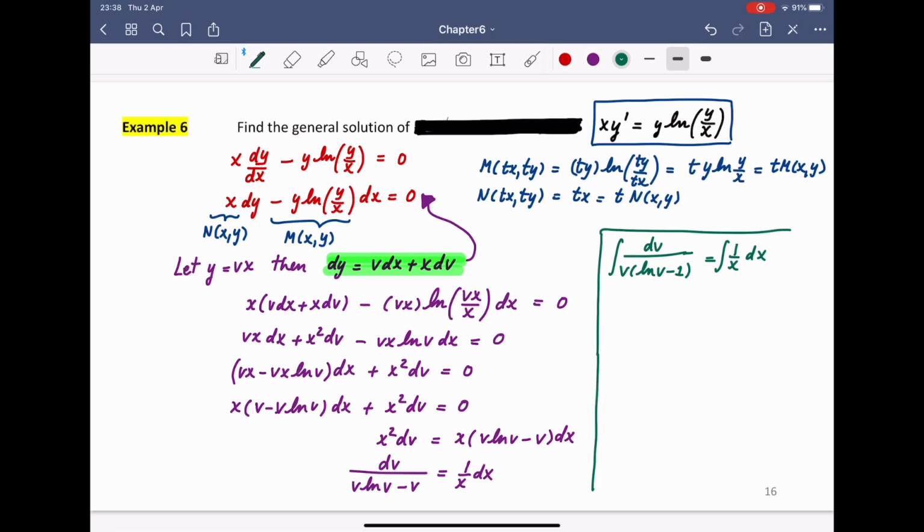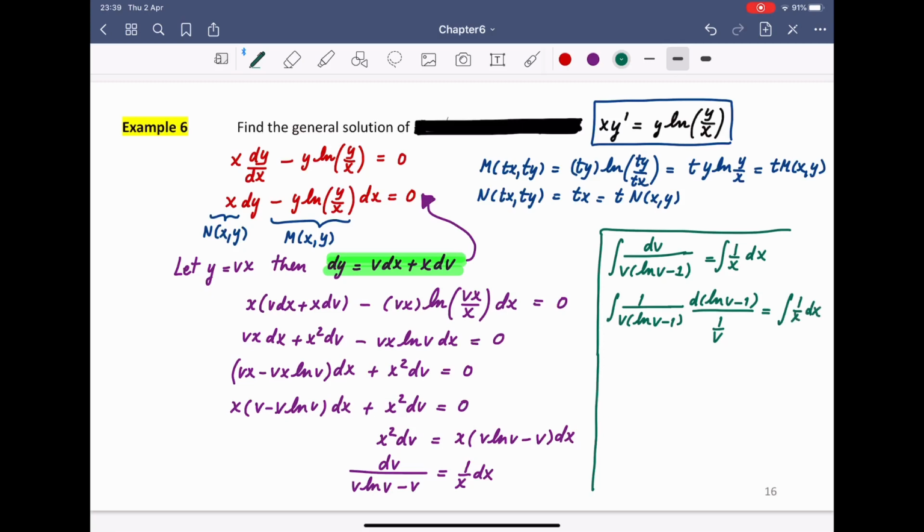So you're gonna get integrate 1 over v times log v minus 1, and then you change dv to d log v minus 1, right? And then on the denominator you have to differentiate log v minus 1, so you get 1 over v, and then that thing is integrate 1 over x dx.